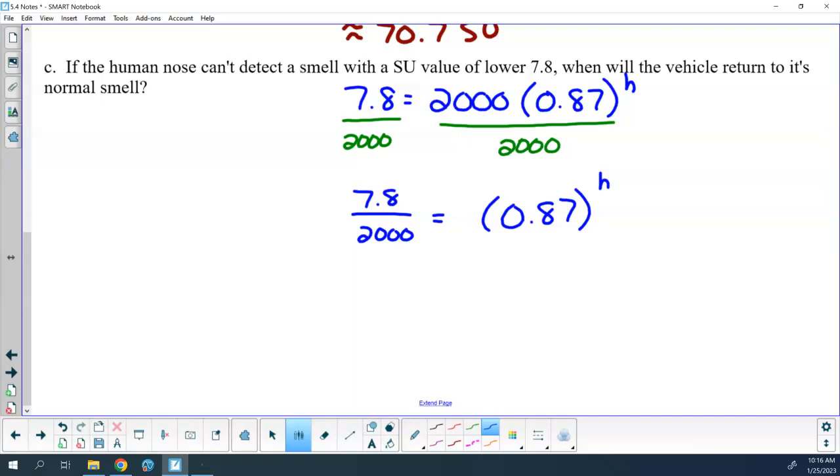Now what? Now we can switch forms. We've got our exponented term isolated. So this is going to be log. What's my base? Of this, right?